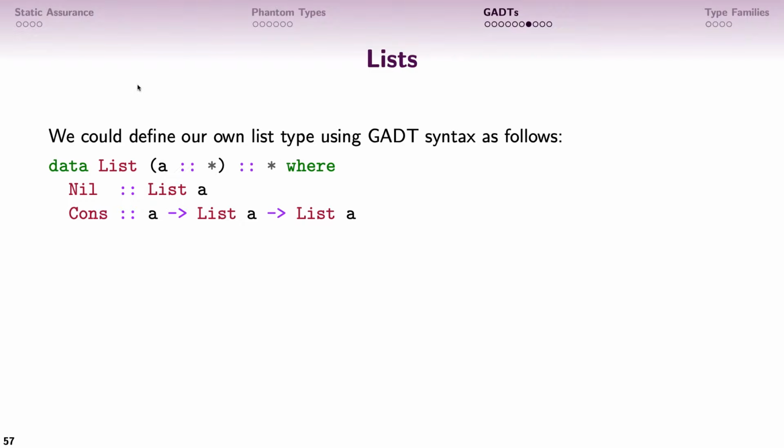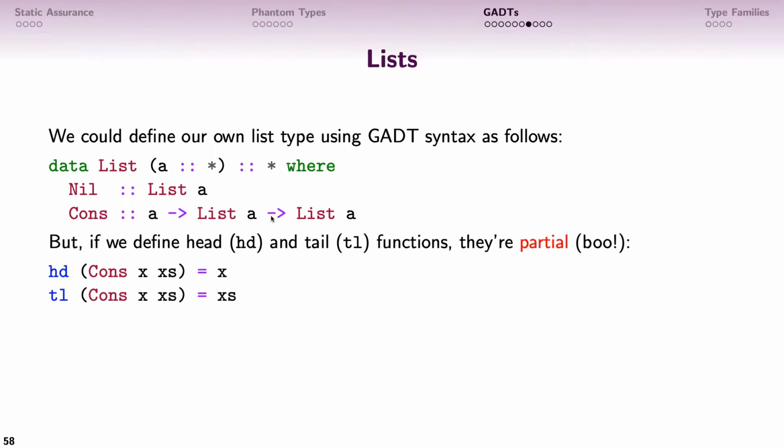So in other words, it's of kind star to star here, but because I'm using a parameter here, not an index, I write it like this. And nil is our empty list, so it's just a constructor that returns a list of A without taking any parameters. And cons takes in an A and a tail, the list of A, and returns me my overall list with the two things put together.